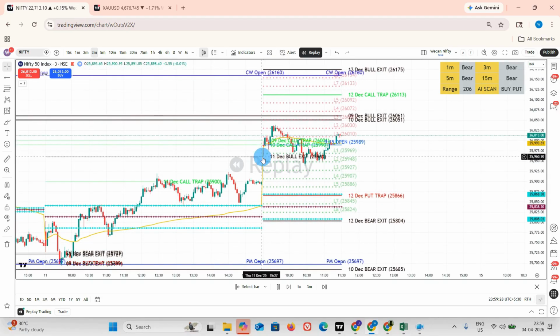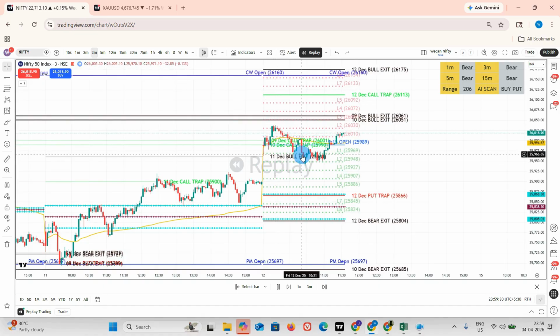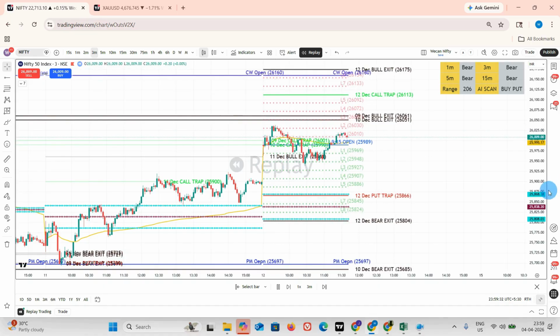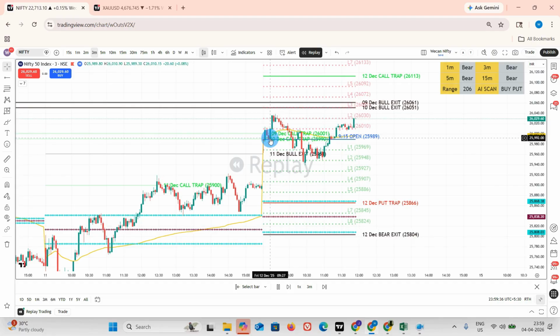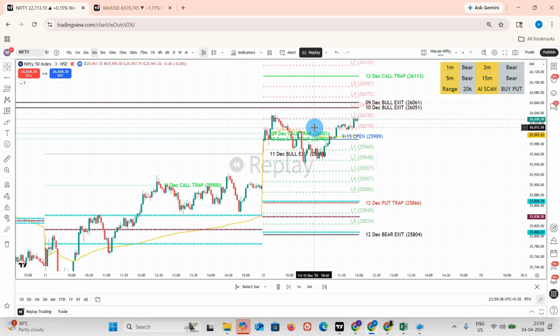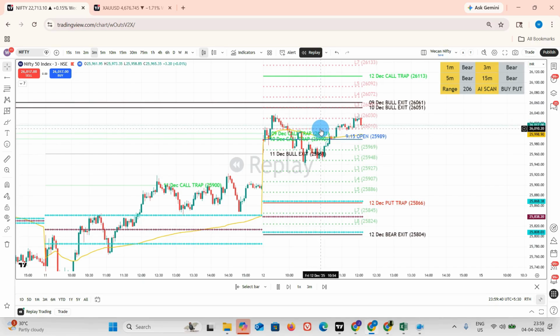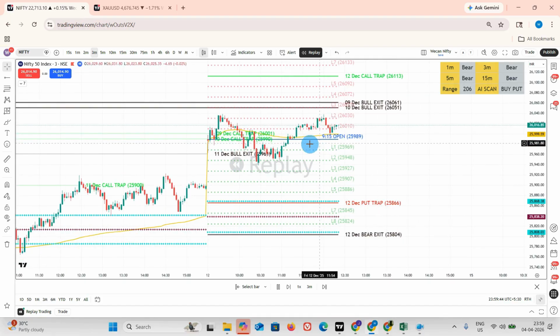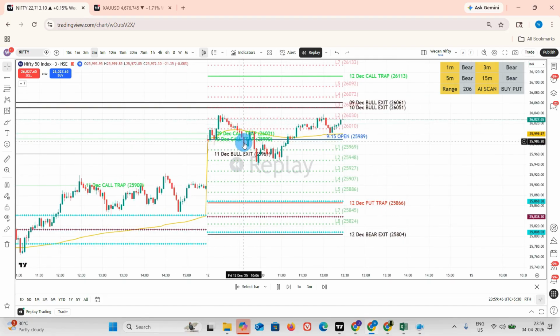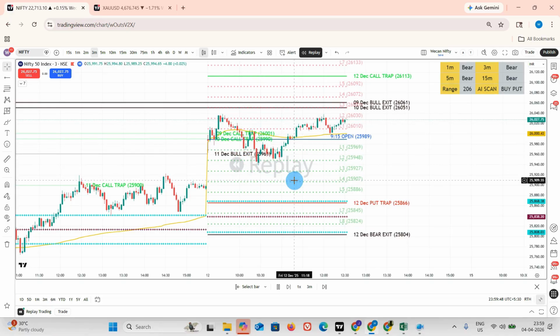Whenever the market goes away from the open price, it again comes back here. These are all the intermediate levels that those who are doing scalp trading in options can use to capture trades.